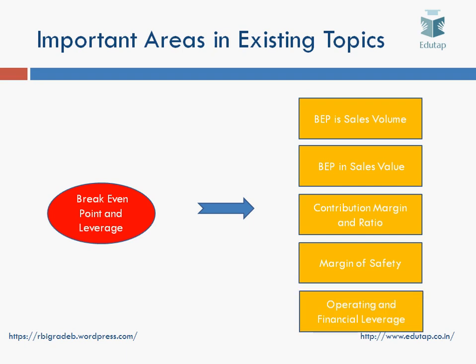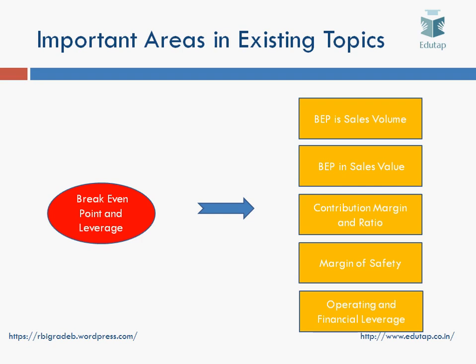And last but not the least, the operating and the financial leverage. This is very important. Again, last year there was a numerical asked from this part. Operating leverage tells you how an increase in sales increases your profits. Once you have fixed cost, and if your volumes increase after that, it means you are leveraging your setup.